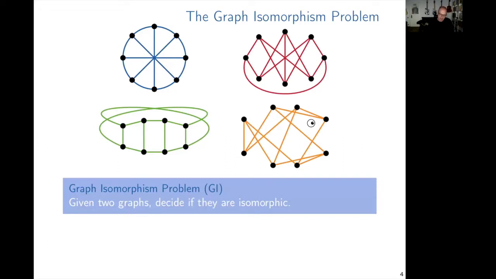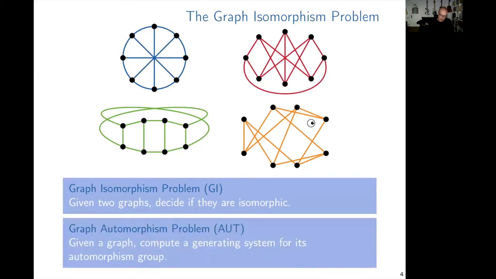Something I wanted to mention right away: the graph isomorphism problem is polynomial-time equivalent to what I call the automorphism problem, where we want to find a generating system for the automorphism group of the graph. These problems are equivalent, and very often when we try to solve graph isomorphism, we will actually look for algorithms solving this automorphism problem.